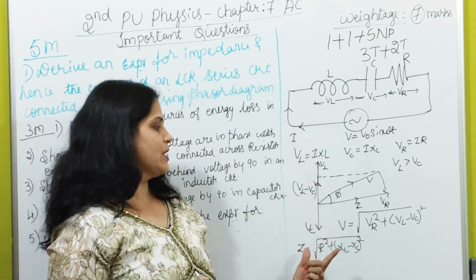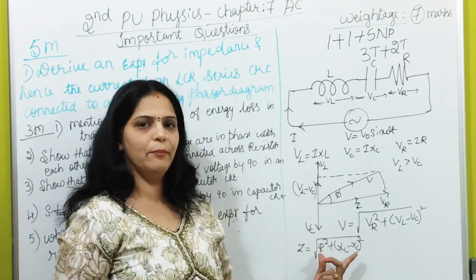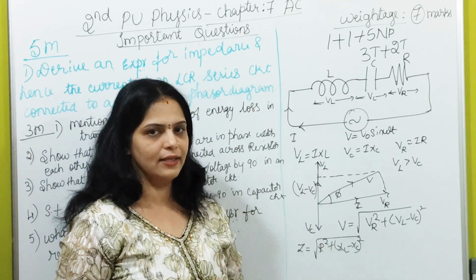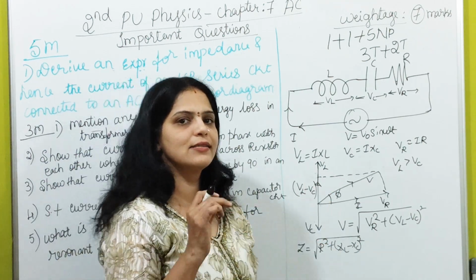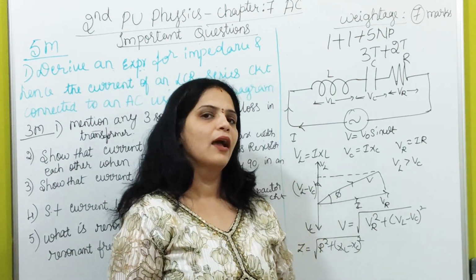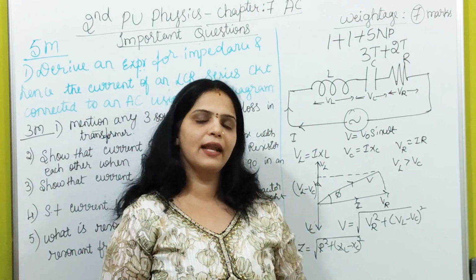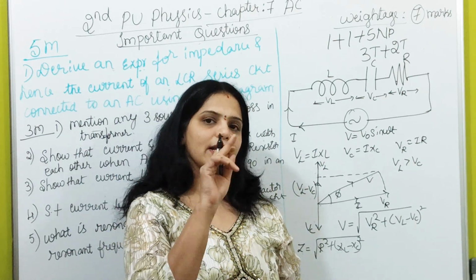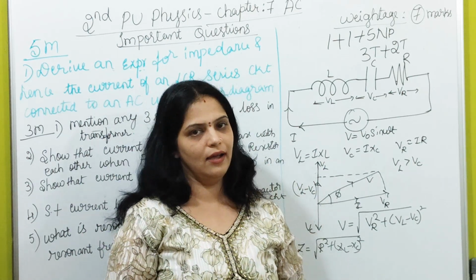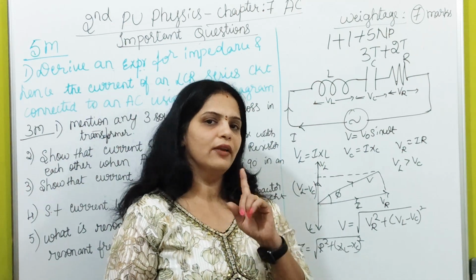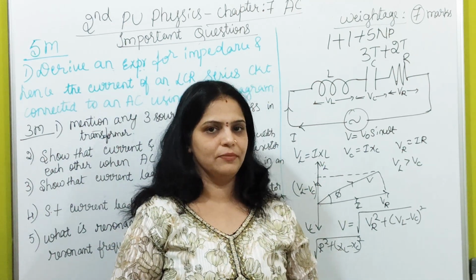So derive this relation for impedance Z, and hence get the expression for current I is equal to I naught sin omega t, and write the expression for tan phi. Tan phi is equal to XL minus XC divided by R. So this is one of the important 5 marks questions.